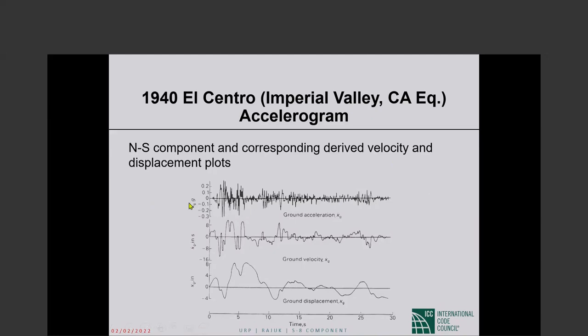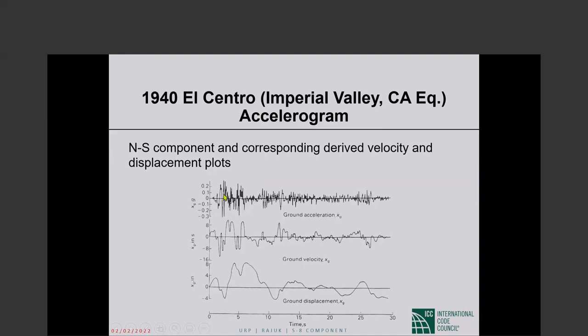This one has been used in analytical work for all these intervening years, 80 years or so, with all kinds of accelerograms available today. People still go back quite often to this one because then you can compare with older studies and so forth.